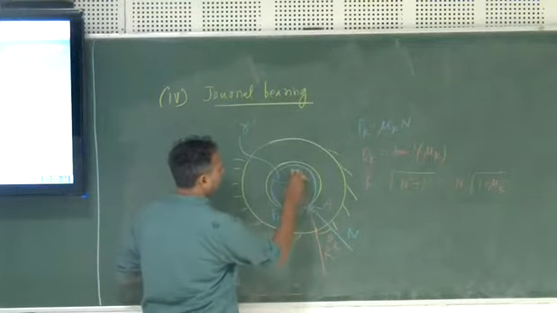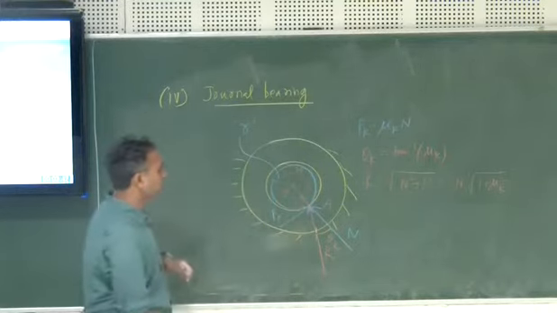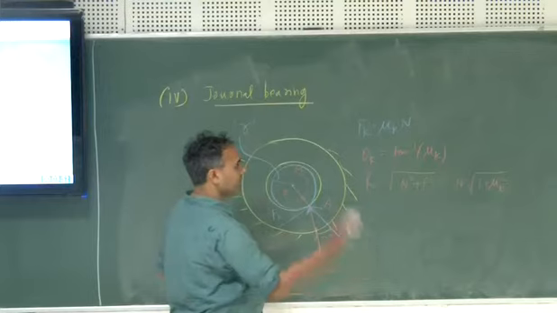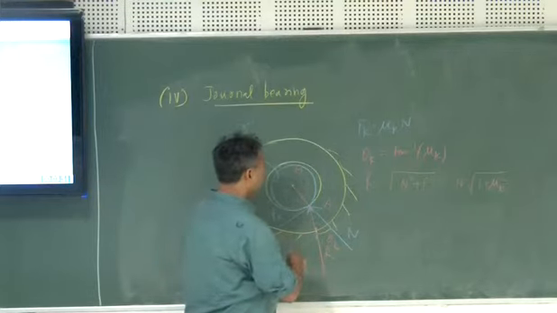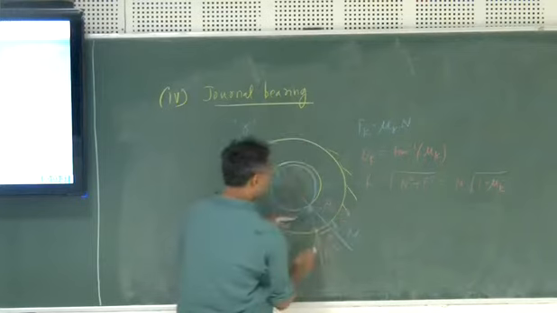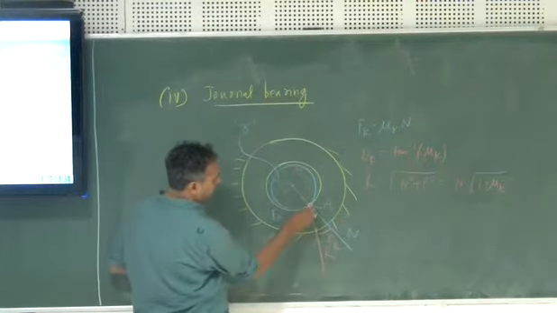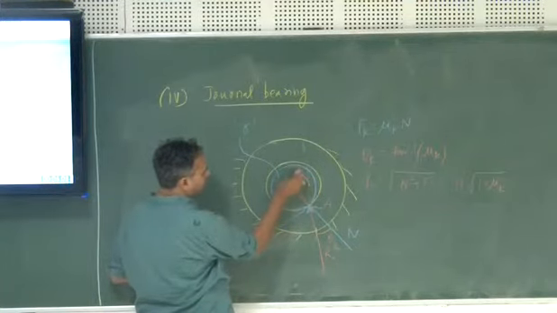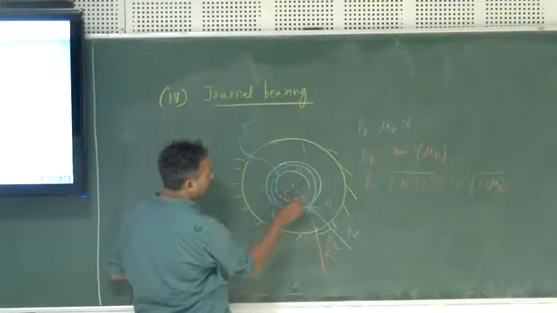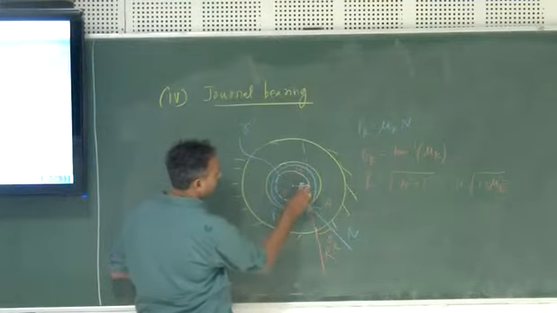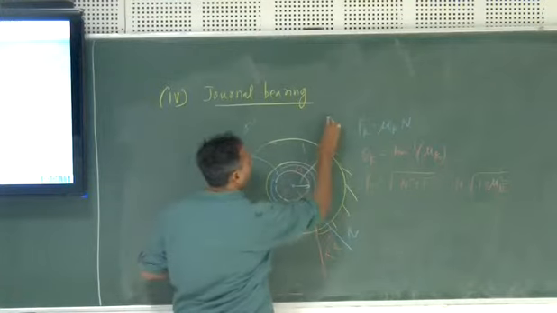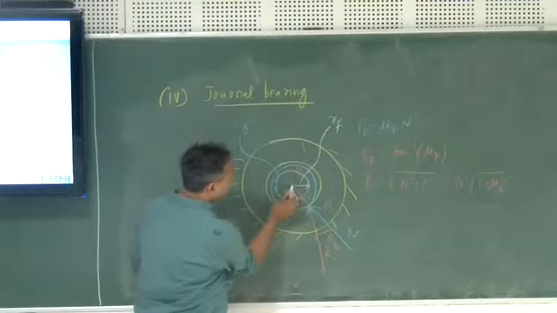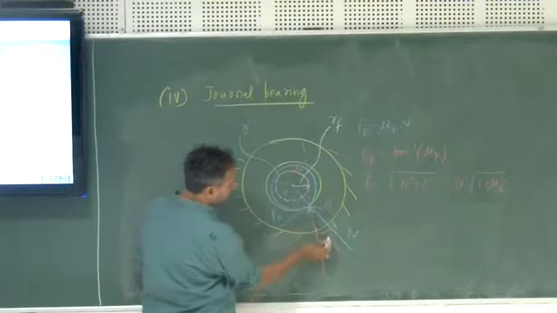Now we have to find out the moment M. How much moment M is required to start rolling it in this journal bearing case. In this case, you can see that if this is your resultant, and if you try to extend this and draw another circle which is having radius RF, so this is your R, this is your RF, this is your theta k.